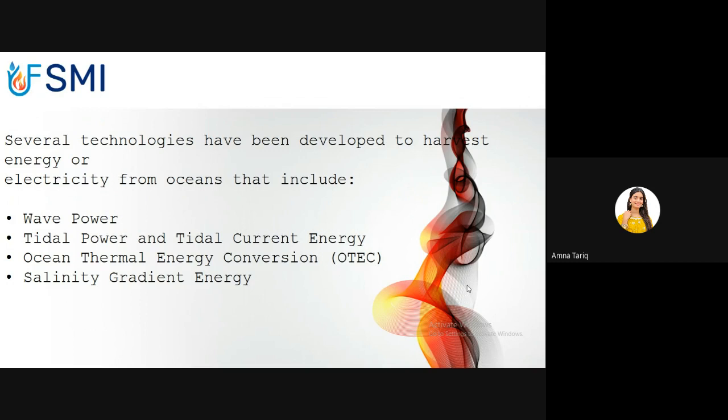The vaporized working fluid is then expanded in a turbine, causing it to spin and generate mechanical energy. This process is similar to a conventional steam turbine used in fossil fuel power plants. After passing through the turbine, the expanded vapor is condensed back into liquid by cold seawater pumped from the ocean depth.